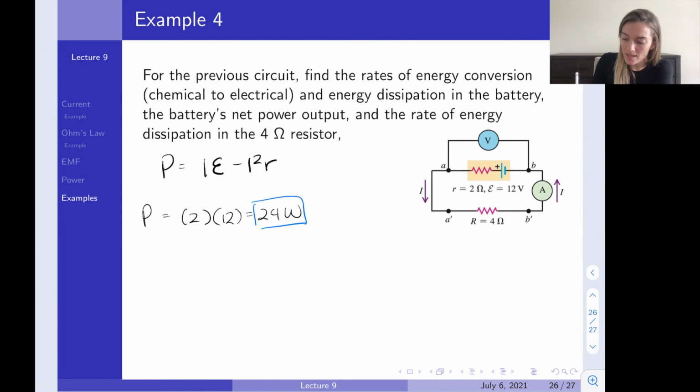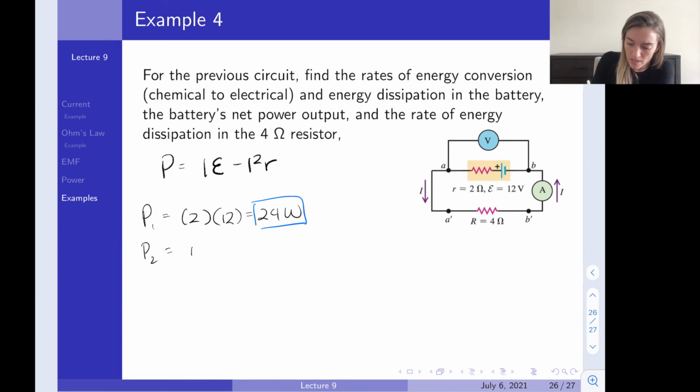Now, when they say the energy dissipation in the battery, let's call those P1 and P2 maybe. The rate of energy dissipation in the battery is how much energy is being lost per second in the battery itself to that internal resistance. As we said, that is just this second negative term here.